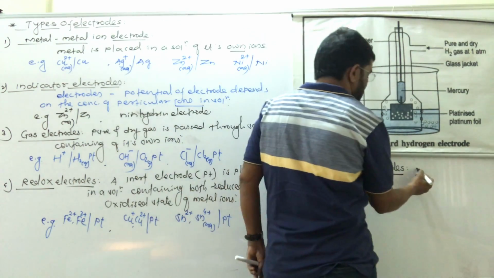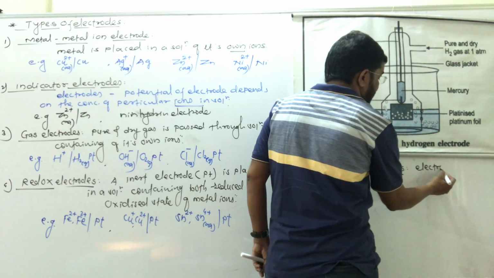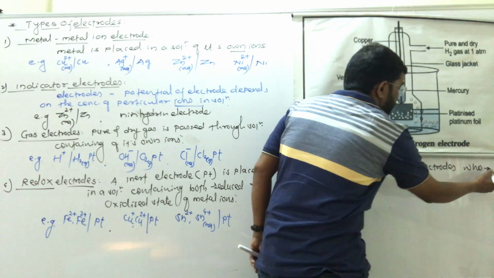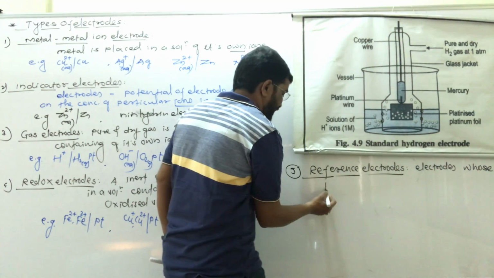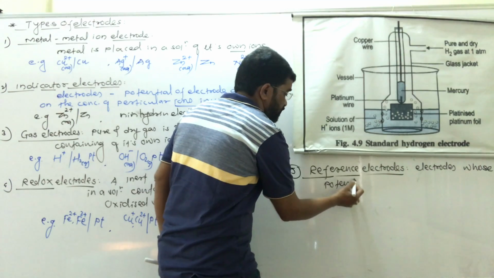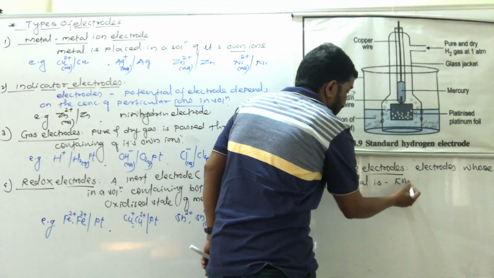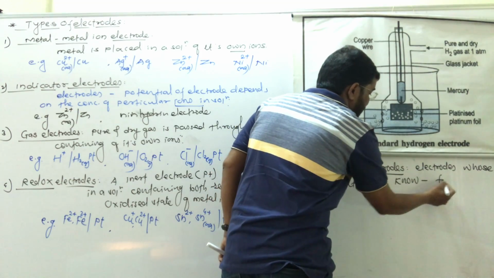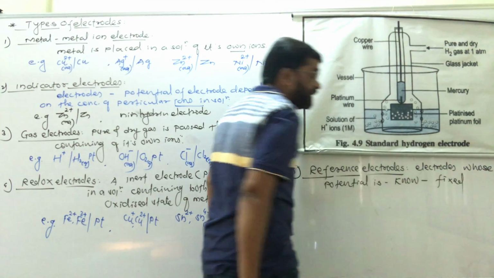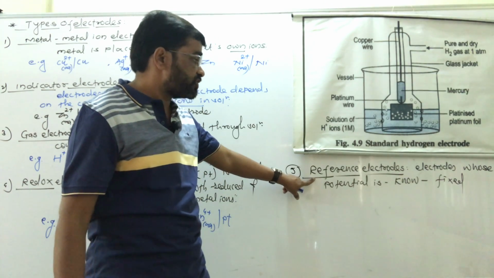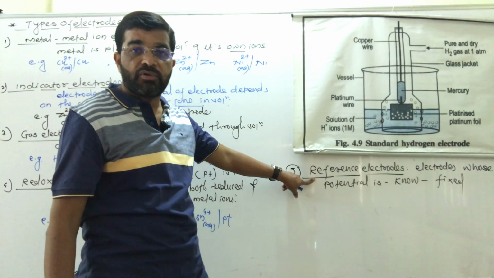Reference electrodes are the electrodes whose potential is already known. It is arbitrarily fixed. Those electrodes are called reference electrodes.